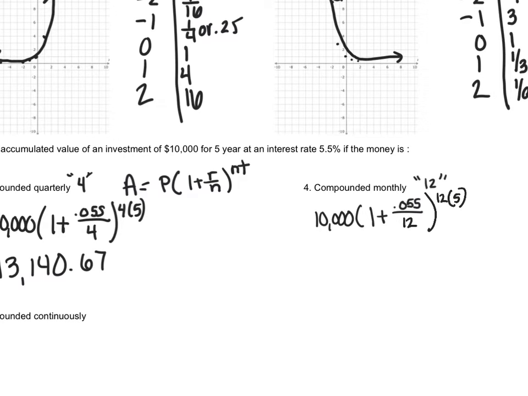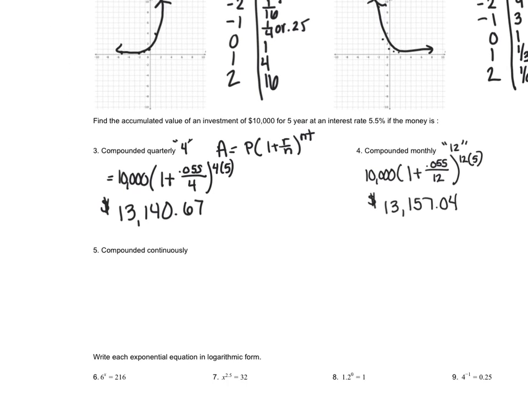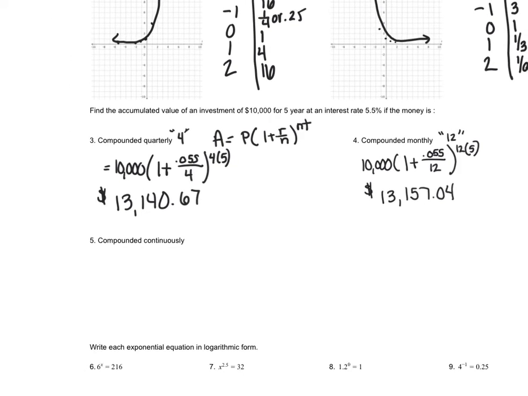So in your calculator, you do 0.055 divided by 12 equals. We add 1 to that. We put that answer to the power of 60 because that's 12 times 5, and we times it by 10,000. So for this account, we'll have $13,157.04 at the end.